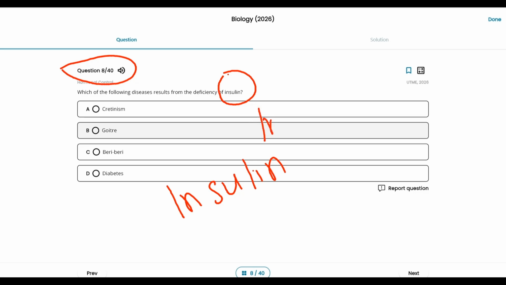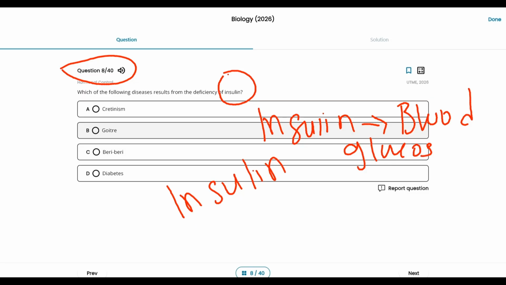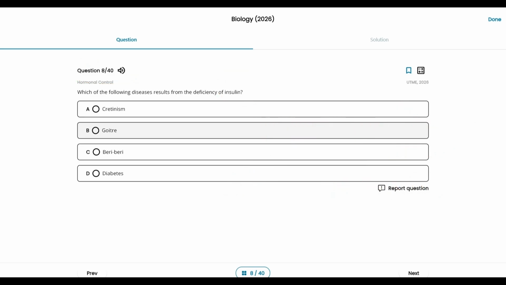Insulin means blood glucose regulation. Okay, you can write that down. Insulin means blood glucose regulation.